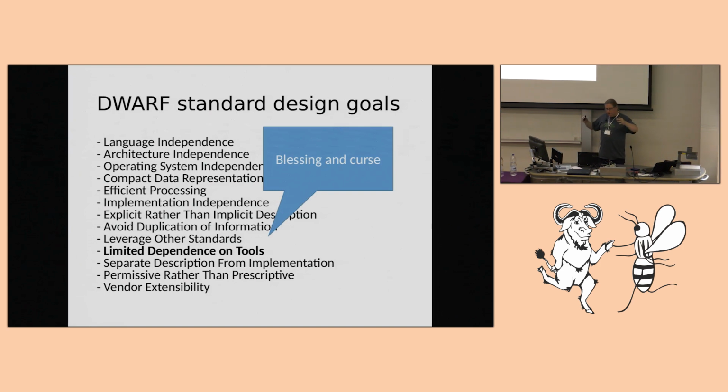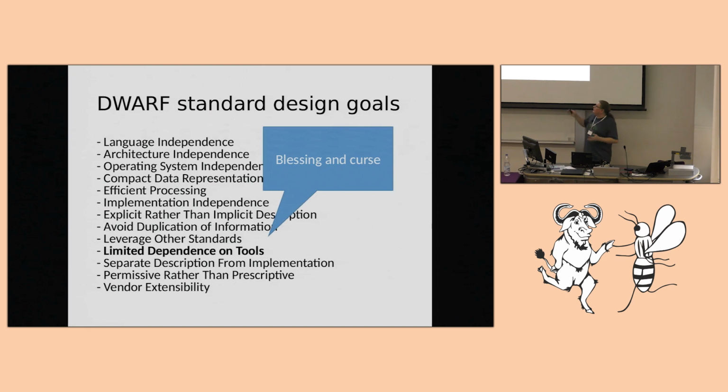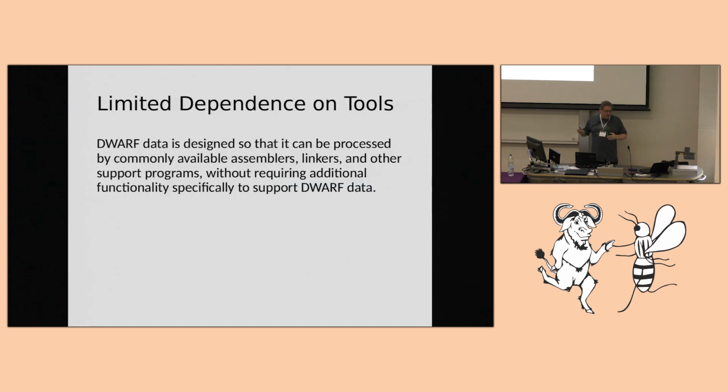To create DWARF and to combine it, you really only need 4 things. You have to be able to reference labels, especially labels between data sections, and that's what we're going to talk about a bit, and be able to reference symbols.